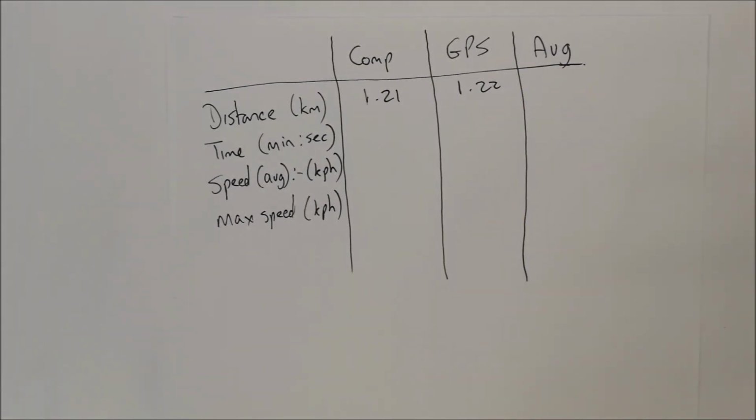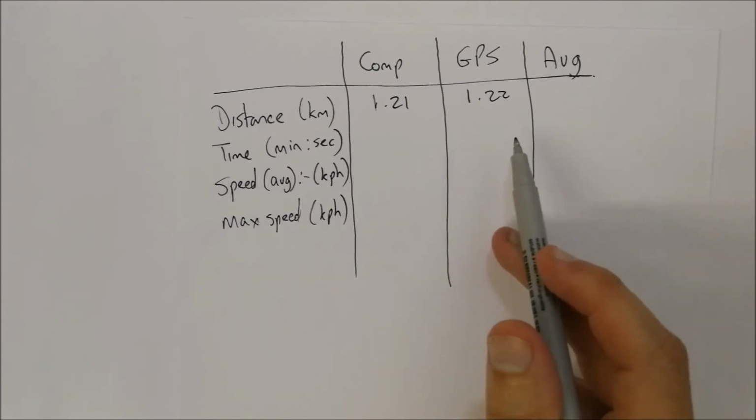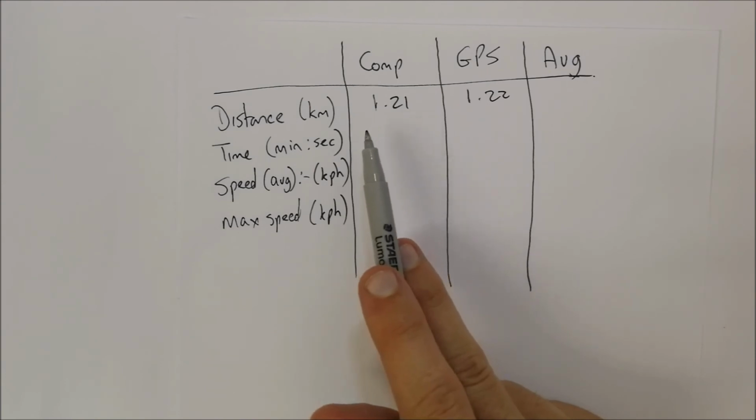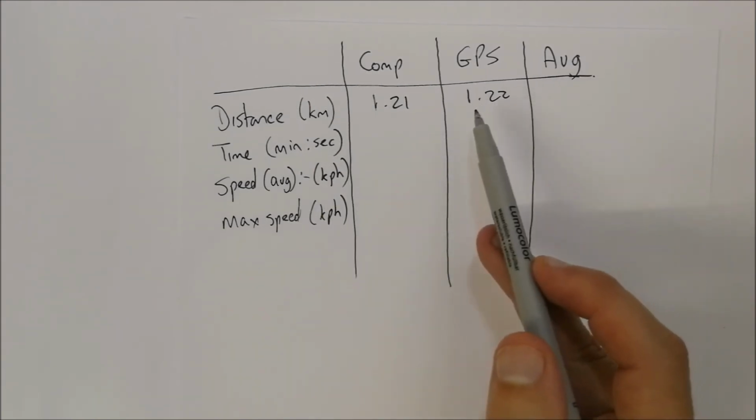Now, the computer had the advantage that it was able to take recordings underneath the branches of the trees where the GPS wasn't able to get a good signal, so it might have been more reliable compared to the GPS signal. At other times, it might have been that the computer wasn't working well because you were skidding as you were going down a hill, while the GPS was still doing a recording.